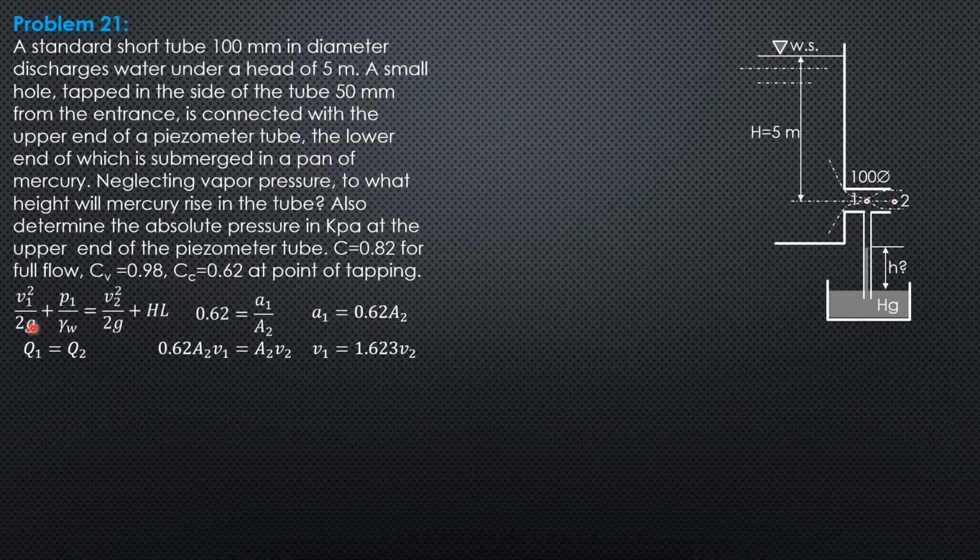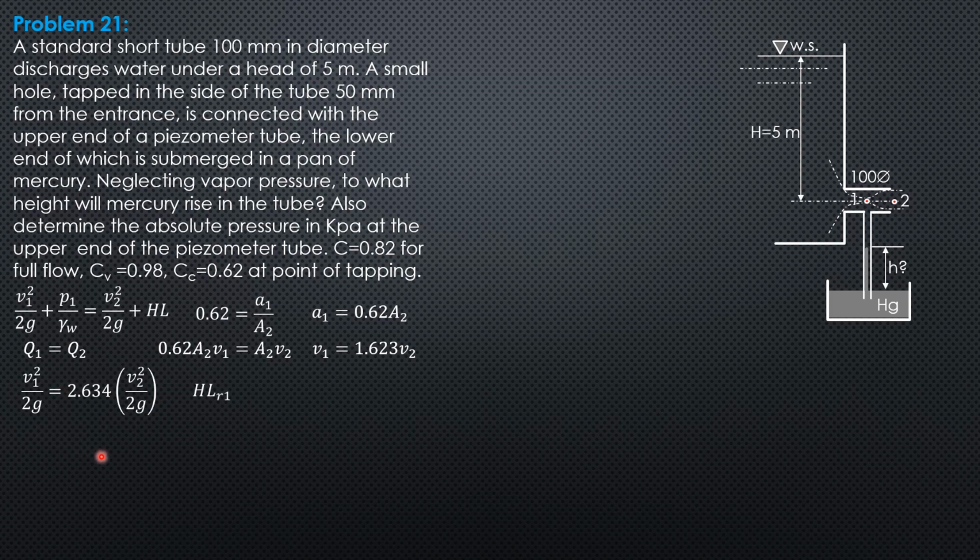So V1 squared over 2g is 1.623 squared times V2 squared over 2g. So 1.623 squared is 2.634 of the velocity head at 2. So that's the value of the velocity head at 1.